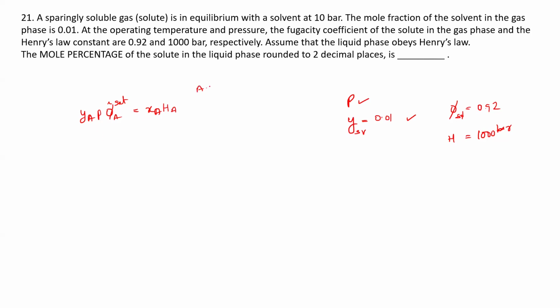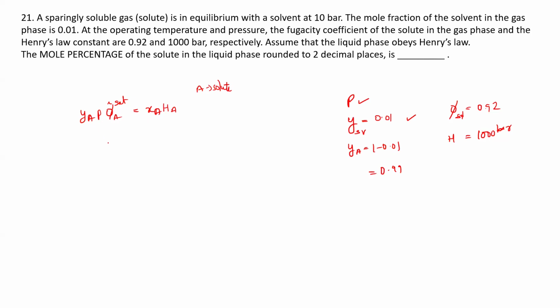Now A is the solute here. So we are solving for the solute, right? So that's why YA will be 1 minus 0.01, equal to 0.99.